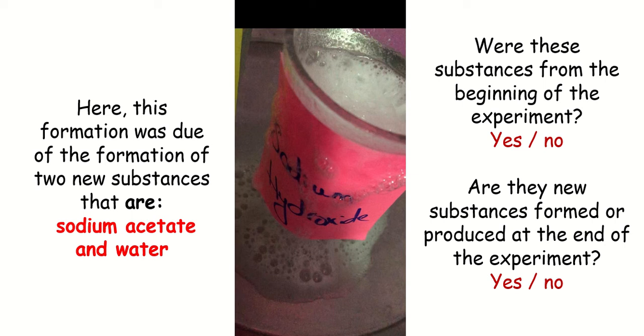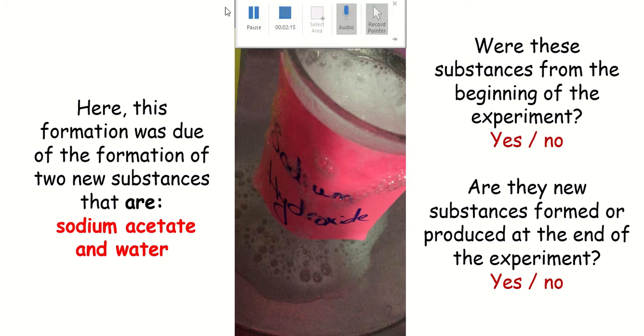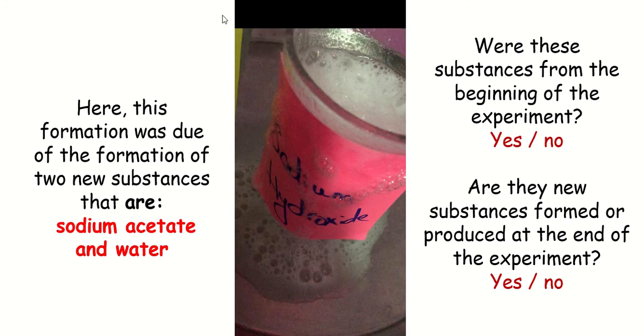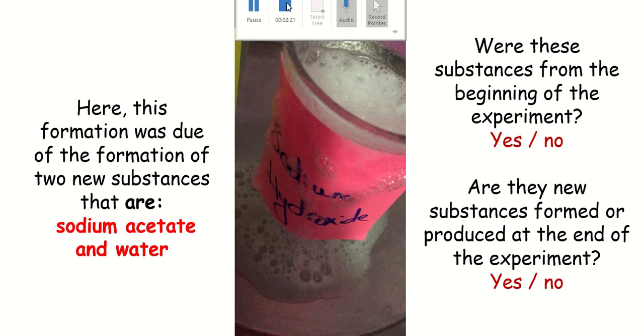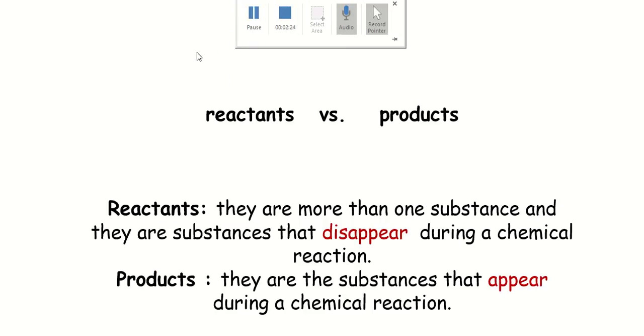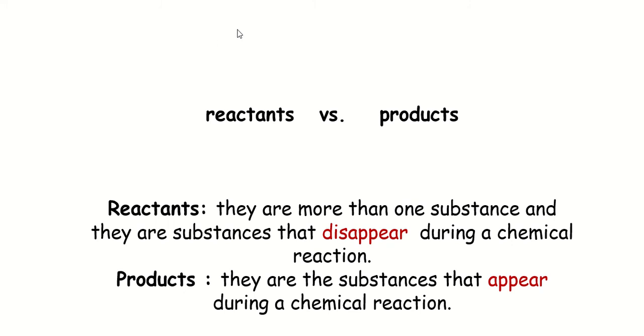Which substances were produced here at the end of the experiment? Sodium acetate and water. Because they were produced, we call them products. Products are the opposite of reactants. So here we have reactants versus products.